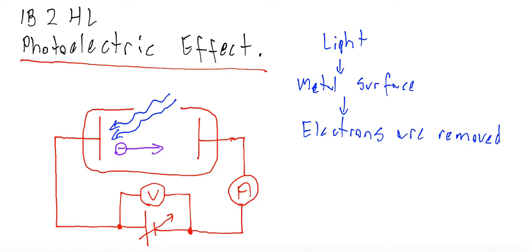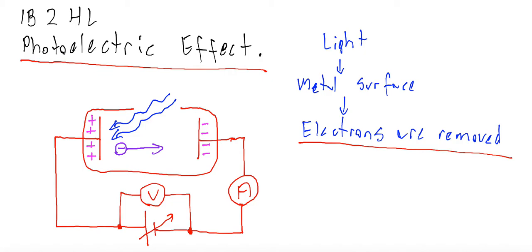Okay, conditions will be later. So when electrons are removed from the metal surface, then the right plate is negatively charged because electrons travel from the left to the right plate. So the left plate is positively charged. Okay, so there is a current in the circuit.